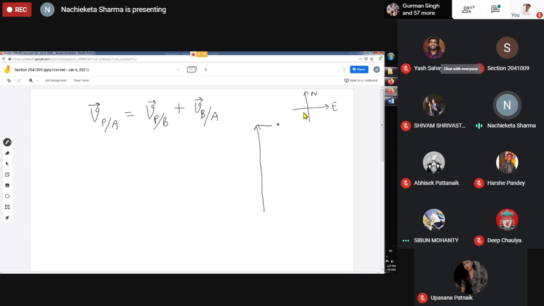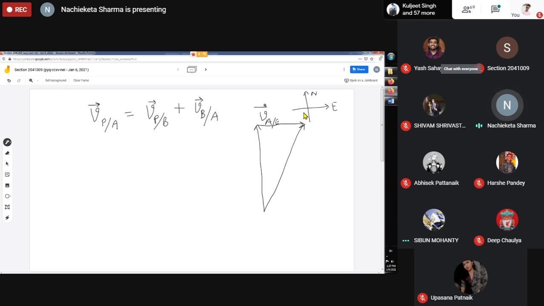So this is the air speed, 100 kilometer per hour. Finally the velocity of the plane with respect to earth will be the resultant of these two vectors. This is the velocity of wind, or velocity of air, so I will write it as velocity of air with respect to earth.